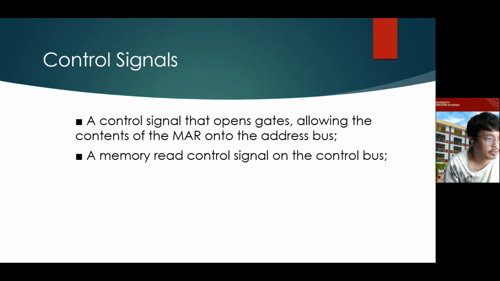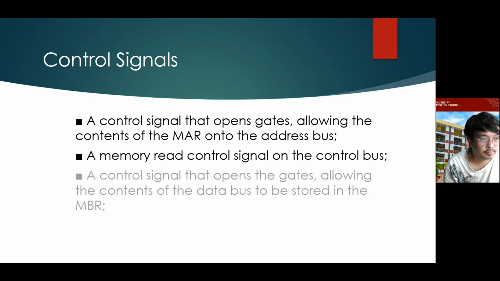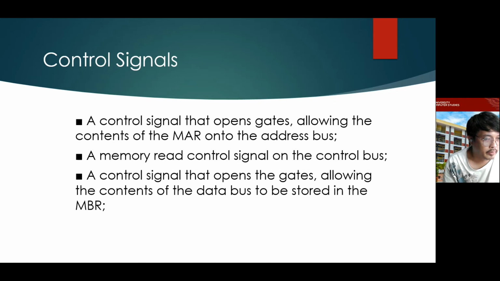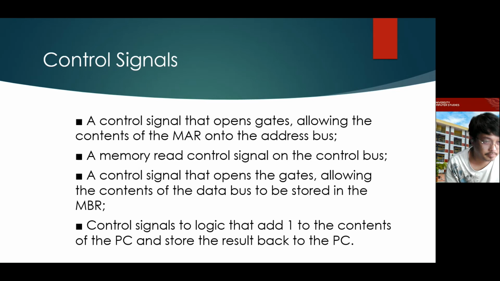The memory read control signal on the control bus. Then, a control signal that opens the gate allowing the contents of the data bus to be stored in the MBR. Then the last is the control signals to logic that add 1 to the content of the PC and store the result back to the PC, the program counter. And that is for the control signals.